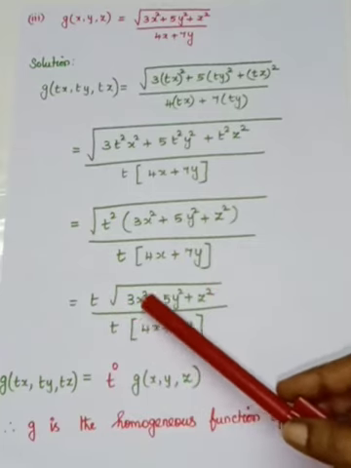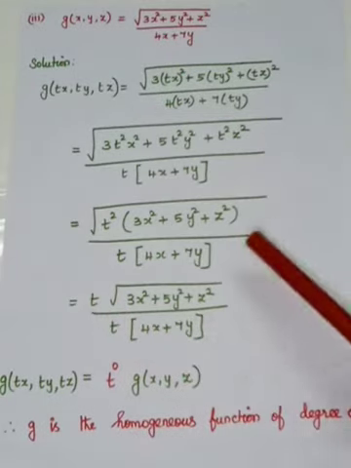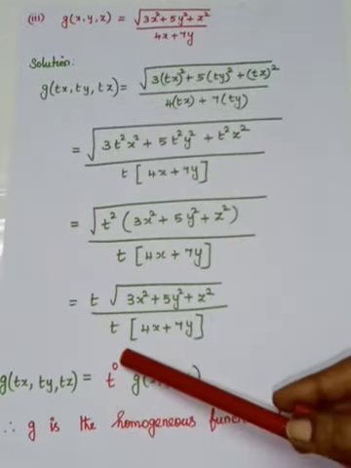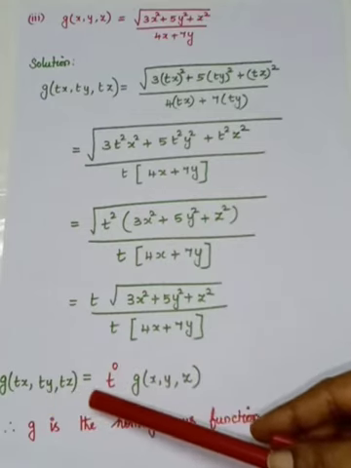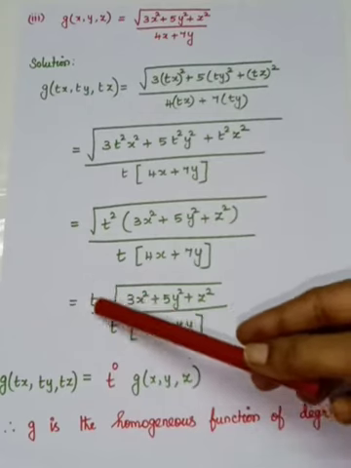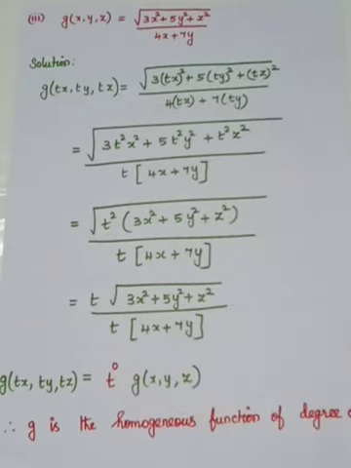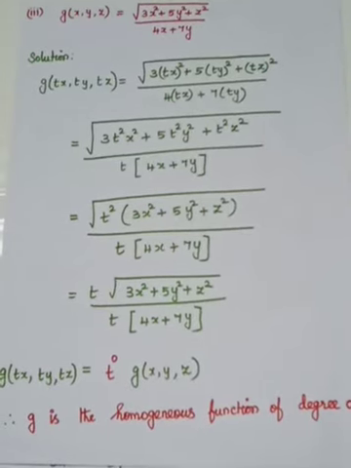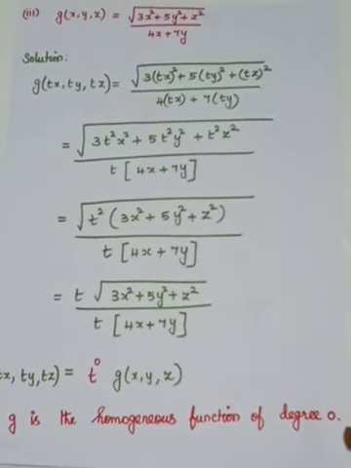So square root of 3x squared plus 5y squared plus z squared. T gets cancelled. So I can write that as t power 0. So g of tx, ty, tz is equal to t power 0 into g of x comma y comma z. So what we can conclude, g is a homogeneous function of degree 0.